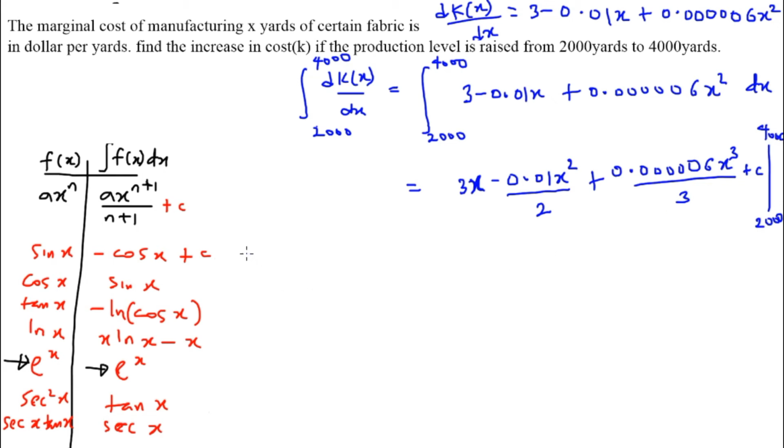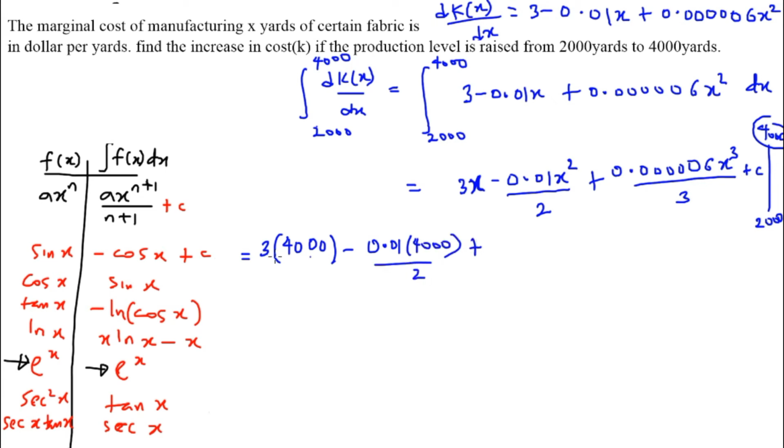So what I will do now is to insert what I have at the upper boundary, that is the one at the top here. I will insert it at every point where I have x. That is really the implication of those boundaries. So I will have 4,000, anywhere you can find x, and then 4,000 squared over 2.